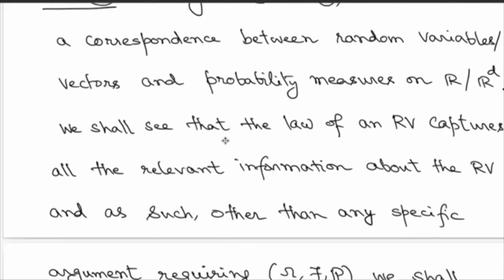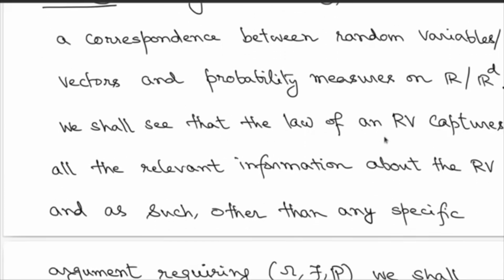So what we can see is that the law of a random variable captures all this important information about the random variable or the random vector. Okay, so we have already seen some of it. Going to check the properties of distribution functions, and all these properties of distribution functions that were well known and which you have studied in basic probability now follow from the probability measure's properties, follow from the properties of the law P compose X inverse, right?